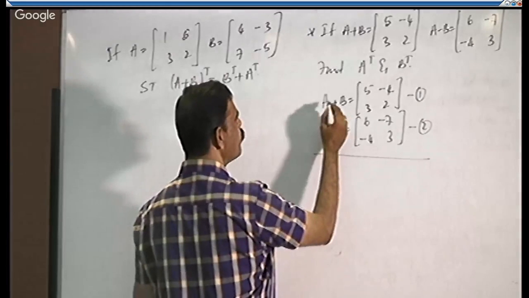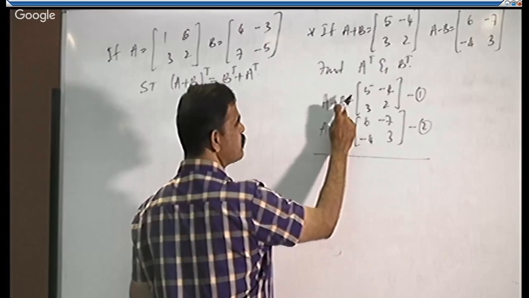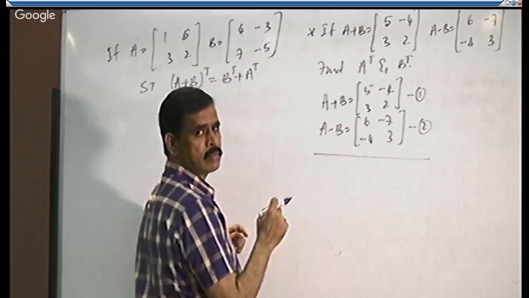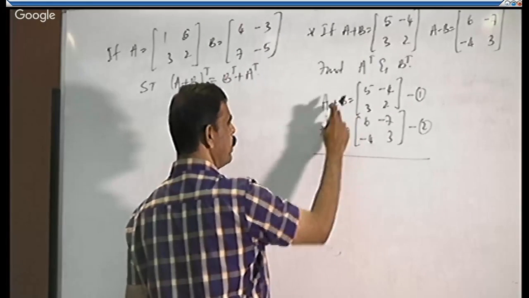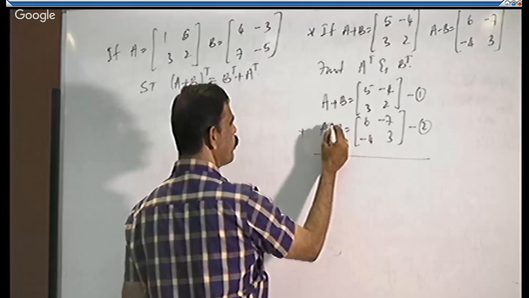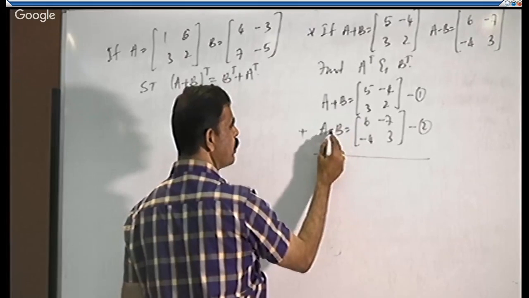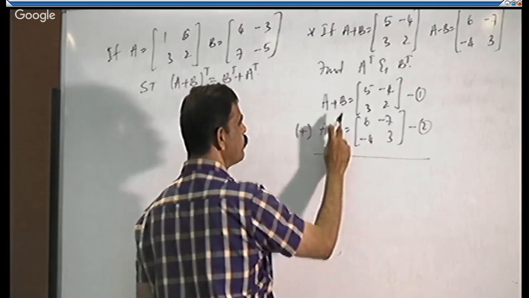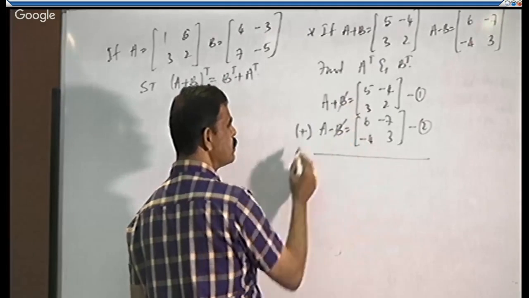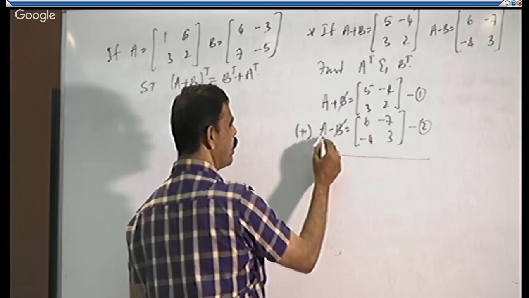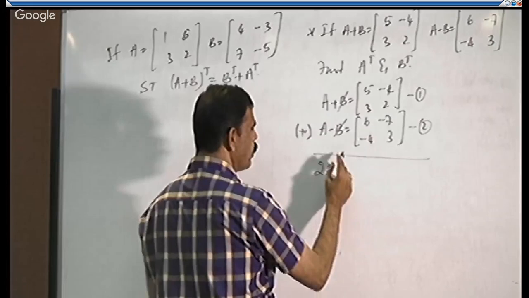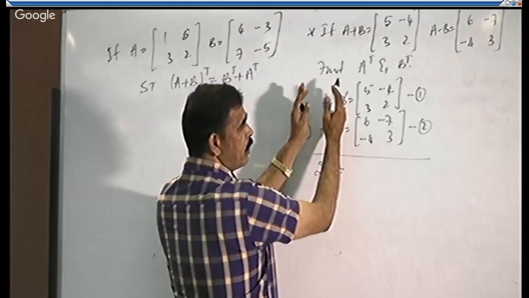Suppose if you want A, you need to cancel B. If you want B, you need to cancel A. So first I want to cancel B. Then they have opposite signs. This is plus B, this is minus B. I'm going to add them. Right? If I add these two, these get cancelled. A plus A is 2A. I did addition at the left side.